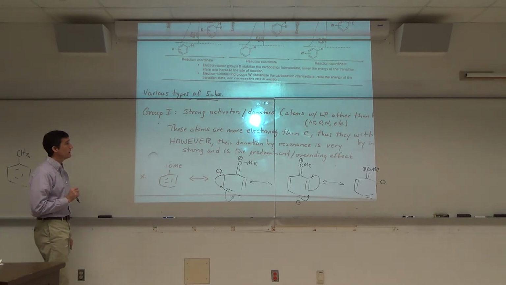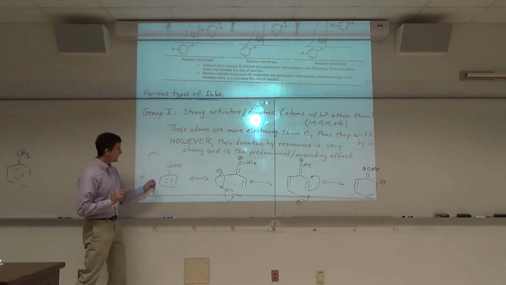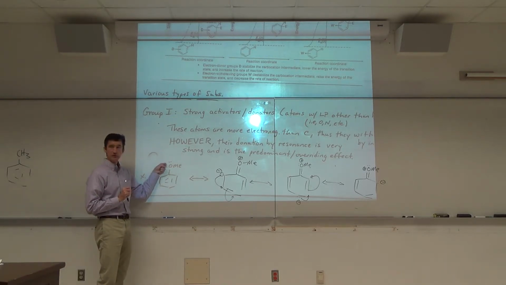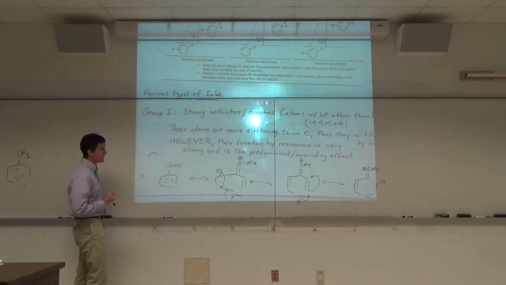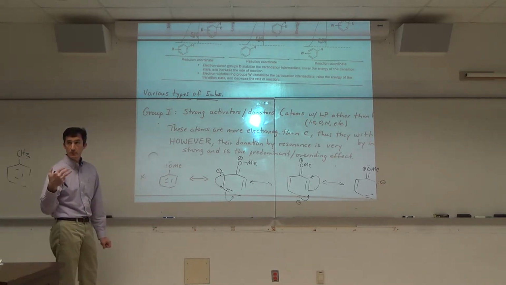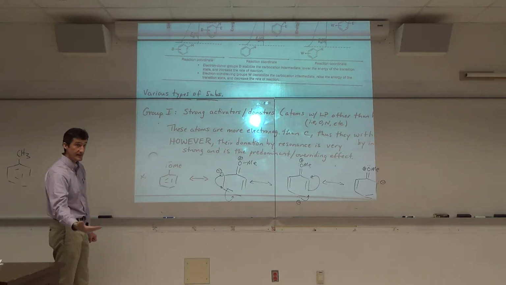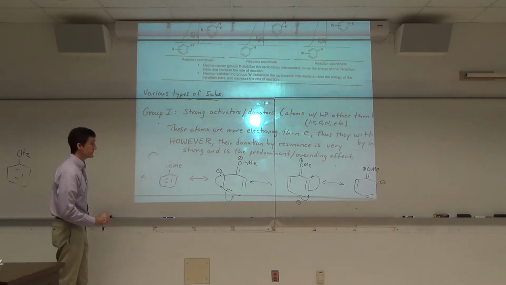Okay? What type of charge did this group impart to the ring via resonance? Negative. Donation. We'll do this later with the intermediate, and we'll actually stabilize the cation by this donation.